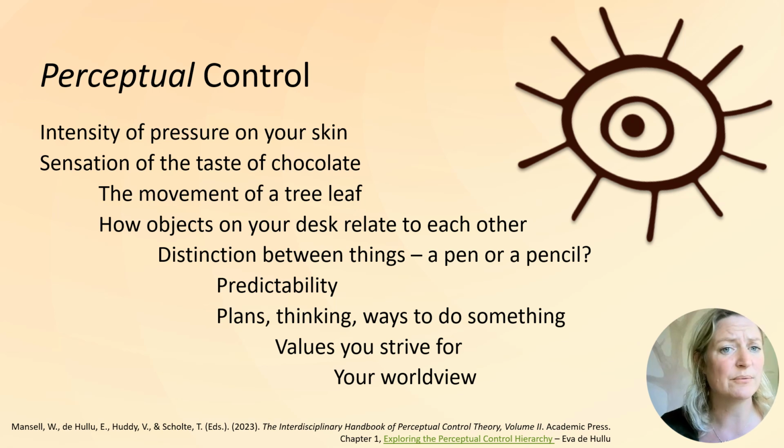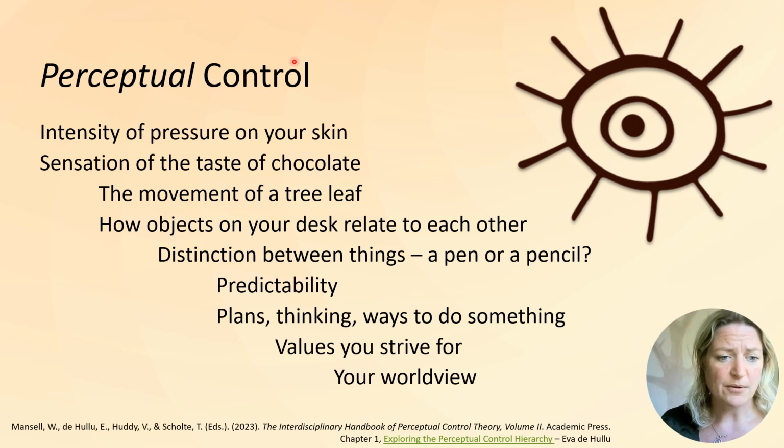PCT tells us that we control our perceptions, but it's crucial to understand that perception in this context is a very broad term. At the most basic level, we control specific sensory experiences at any given moment. This could be the intensity of pressure on your skin right now if you feel your fingers against each other, or the sensation of taste when you eat chocolate.